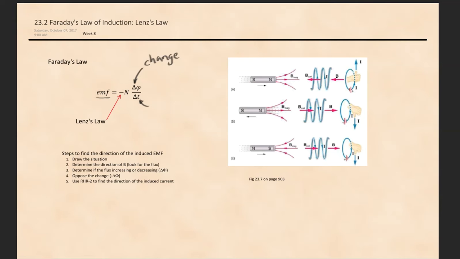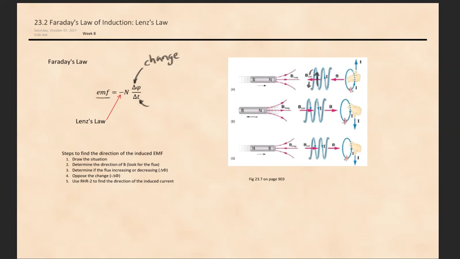If I'm increasing flux toward the right, then the loop will feel an induced EMF which opposes that change, meaning the loop creates its own magnetic field pointing to the left. The way it does that is by having the current flow in the loops of the wire in this orientation. On the side closer to me, it moves up, and on the side further away from me, it moves down. That's the direction the current flows due to the induced EMF.